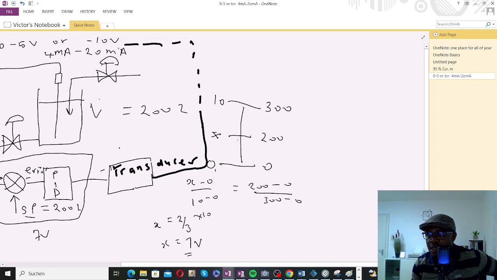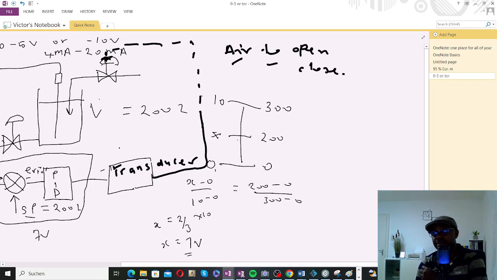So it comes here to this valve. The valve will be used to either open or close depending on what is required, and also depending on the type of the valve, whether it's an air to open or an air to close valve. You need air to open the valve in an air to open valve, and air to close in an air to close valve.